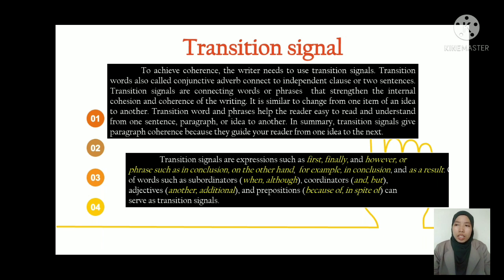They help change from one idea to another. Transition words and phrases help the reader read and understand from one sentence, paragraph, or idea to another. In summary, transition signals give paragraphs coherence because they guide your reader from one idea to the next.